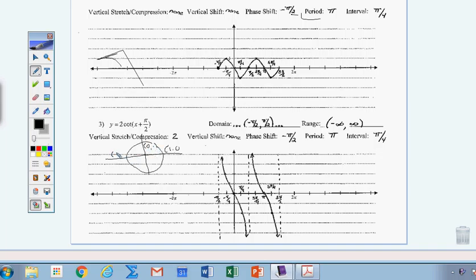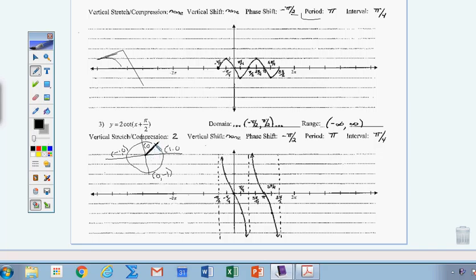I have negative 1, 0, and I have 0, negative 1. Cotangent normally starts at pi over 2. That's where it's 0. So if cotangent normally starts at pi over 2, and my intervals for cotangent are pi over 4, if I go back pi over 4, that would be this angle right here.